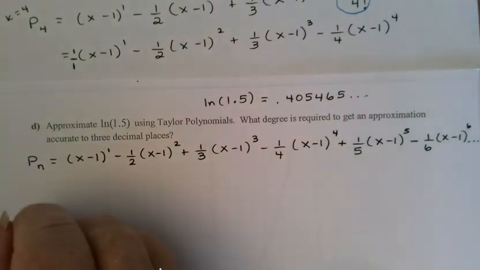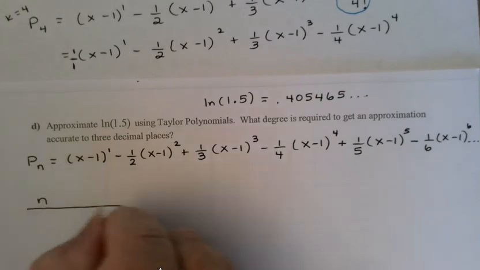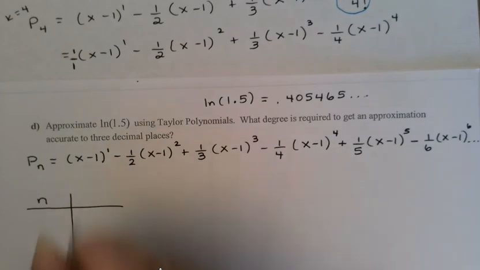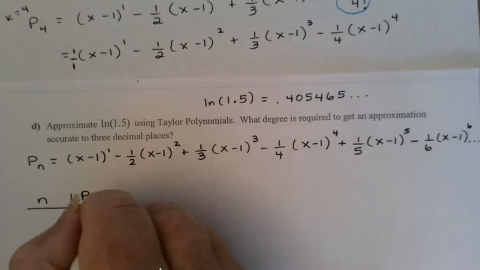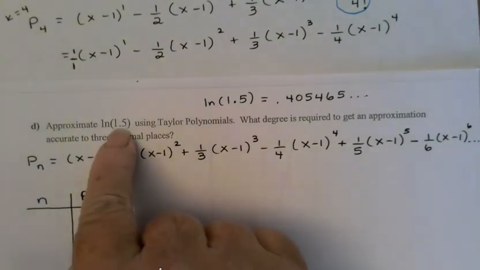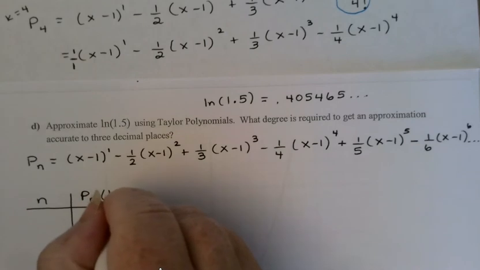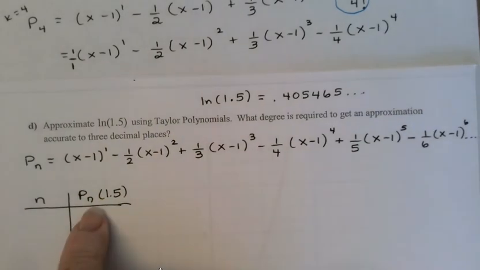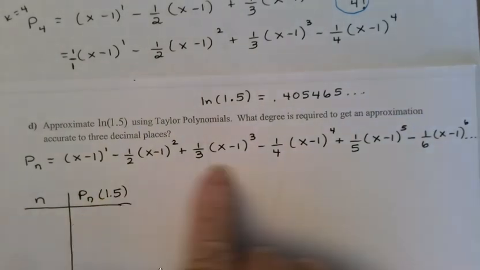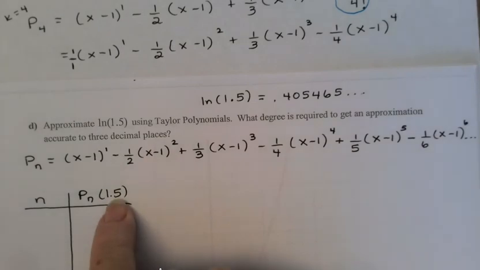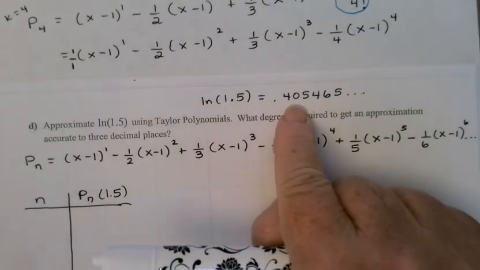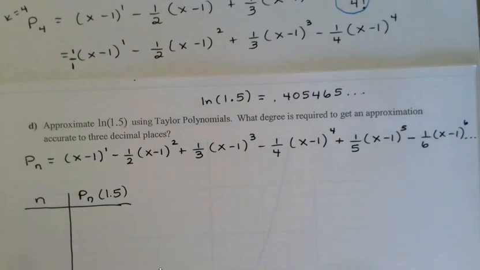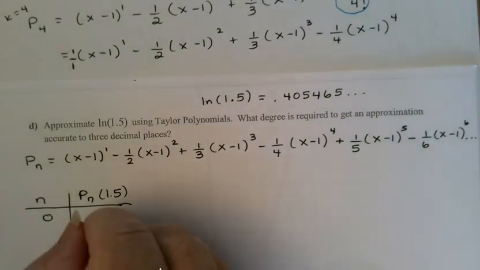So for each value of n, I'm going to make a little table here, and I'm going to find P sub n of 1.5. We want to figure out what n value will make the polynomial evaluated at 1.5 agree with the actual value to 3 decimal places. P0 in this case was just 0.